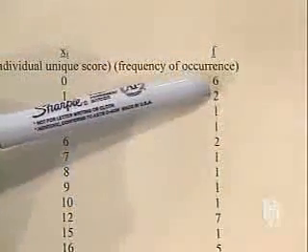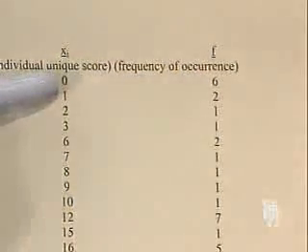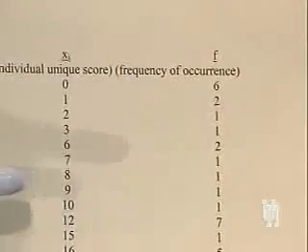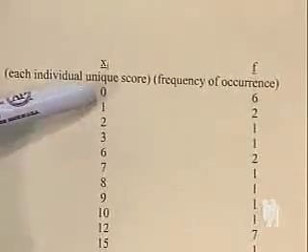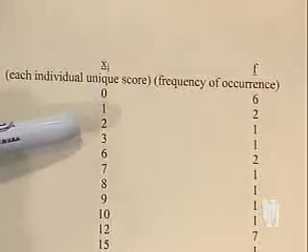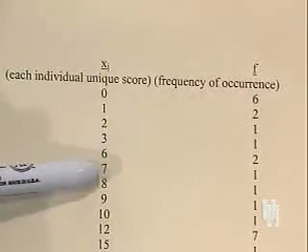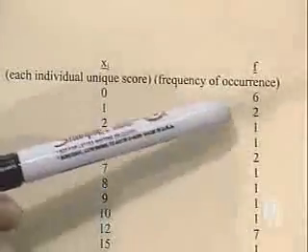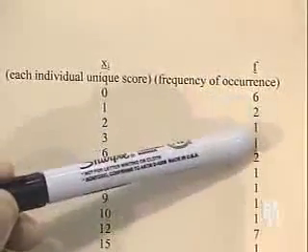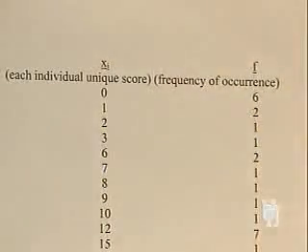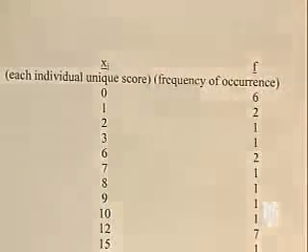So what you needed to do was to add together, if we can look at the frequency distribution again, the frequencies associated with the scores of less than 11. That is, you needed to add together the frequencies associated with 0 visits, 1 visit, 2 visits, 3 visits, 6, 7, 8, 9, and 10 visits. That is, you needed to add 6, 2, 1, 1, 2, 1, 1, 1, and 1.